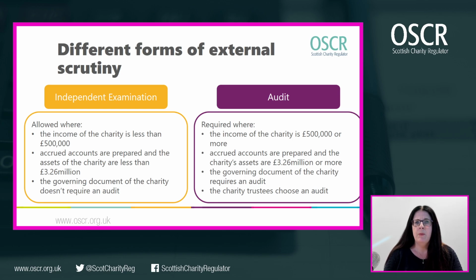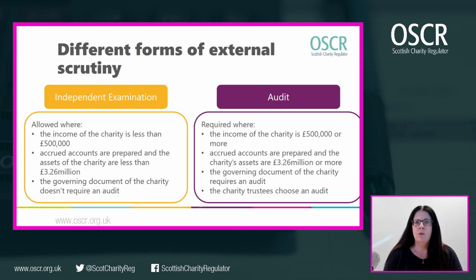If your charity prepares accrued accounts and its assets, that's its balance sheet assets, are £3.26 million or more, then you're still allowed, I beg your pardon. If you're doing accrued accounts and your assets are less than 3.26 million, again, you're eligible to have an independent examination on your accounts. Remember also to check the requirements of your charity's governing document.